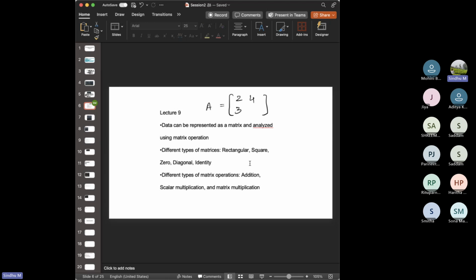And there are different types of matrices. For example, this is a square matrix because here the number of rows is equal to the number of columns. You can also have a rectangular matrix.